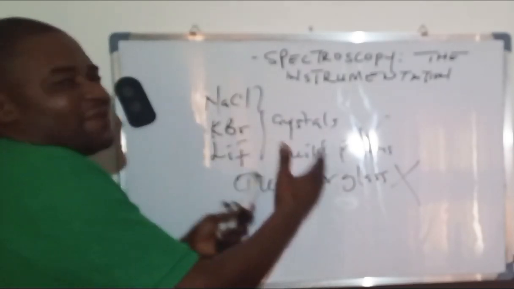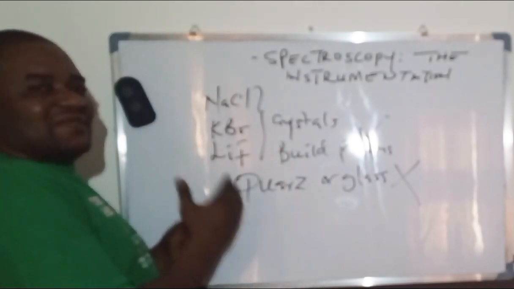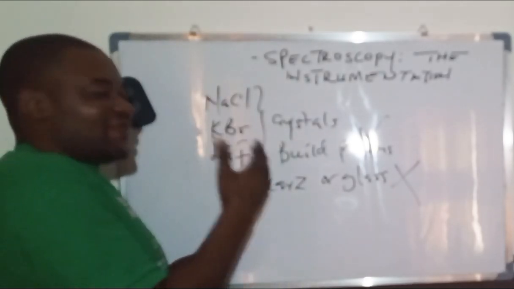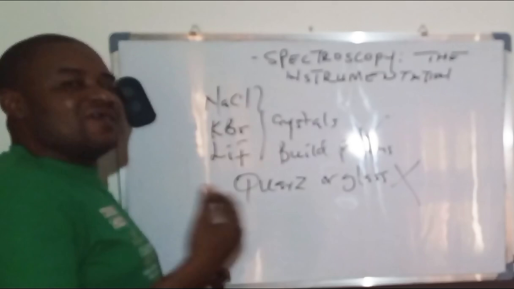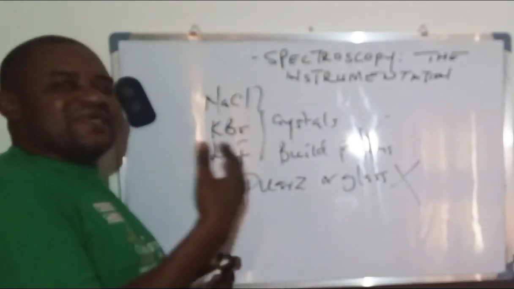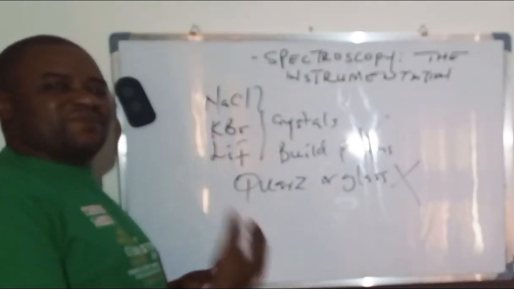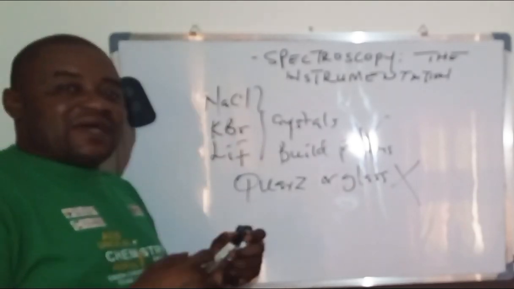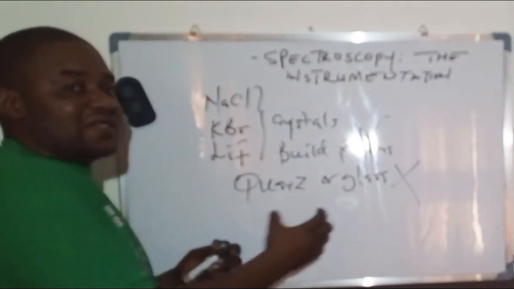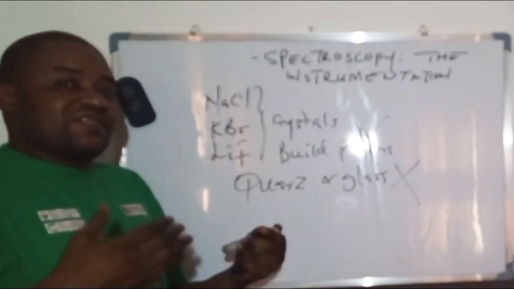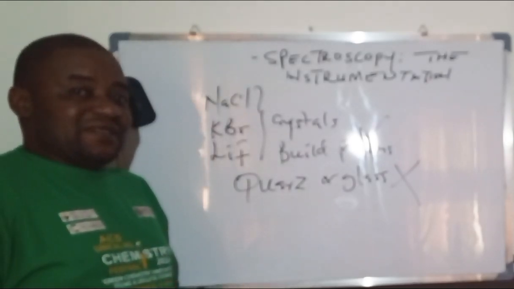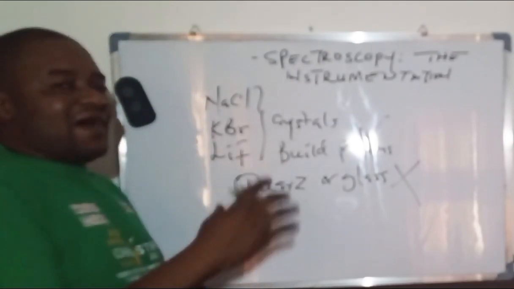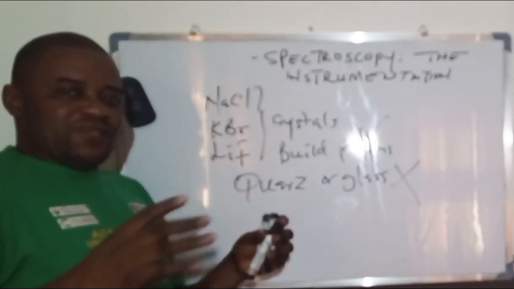Now, away from that, we had said that once these radiations are absorbed, there are radiations that will be transmitted. Those that are transmitted will get into the transducer or the splitter, where they are split into the required wavelengths and allowed to pass through the detector, where the intensity of the transmitted light will be measured, and this will be read at your display unit.